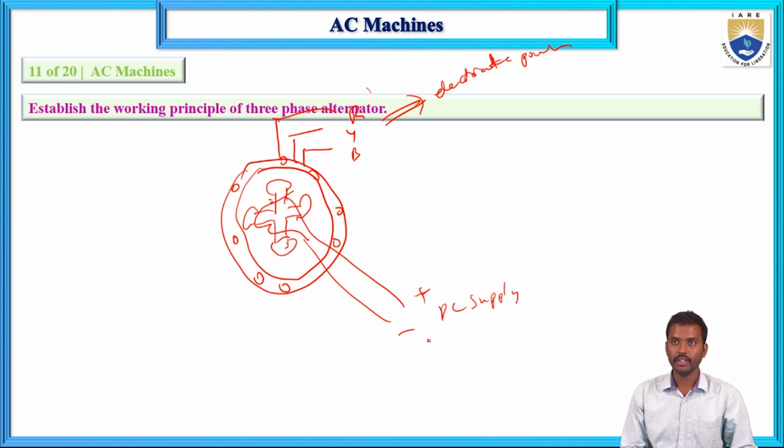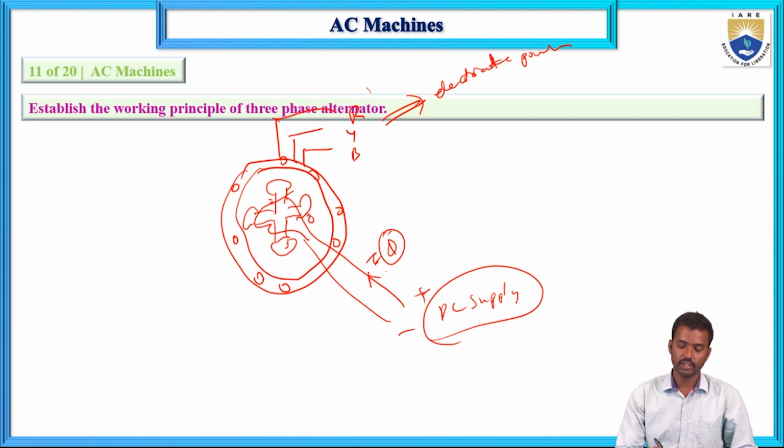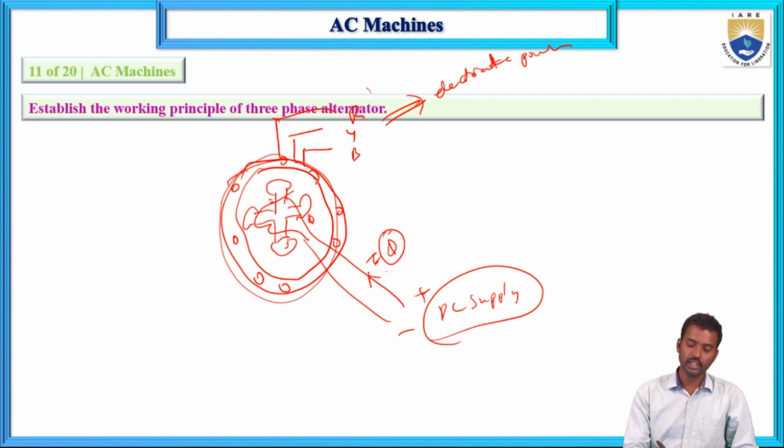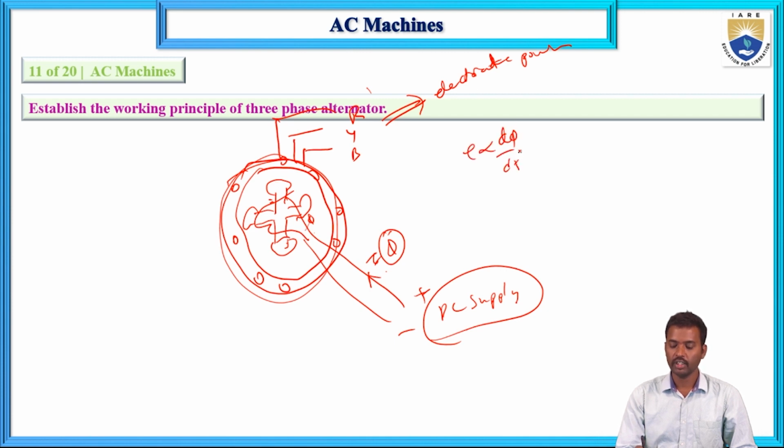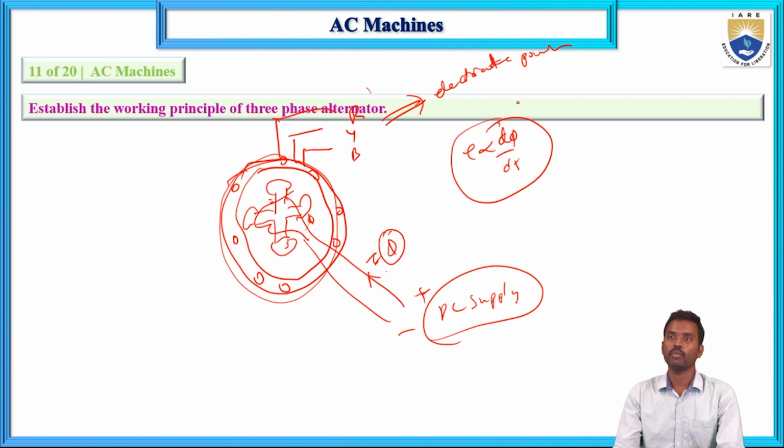So what will happen here? If you give DC supply to the salient pole rotor winding, current flows in this, and this current sets up a flux. This flux is rotating inside the stator, and the stator conductors are stationary while the flux is rotating. Flux rotating means E is directly proportional to dφ/dt according to Faraday's law of electromagnetic induction, and this is dynamically induced EMF.